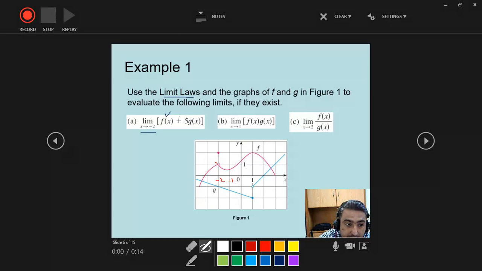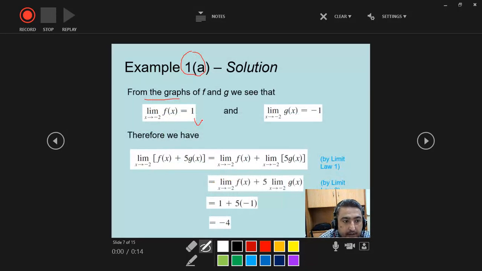Well, this is the limit, right? The value of the function is 2, but the limit is 1. So this is equal to 1, and remember the value f of -2 is equal to 2, but the limit is 1. So it's written here, the limit is 1.